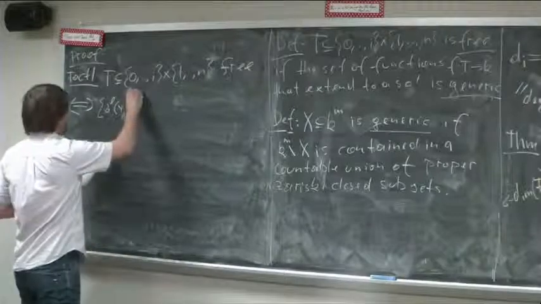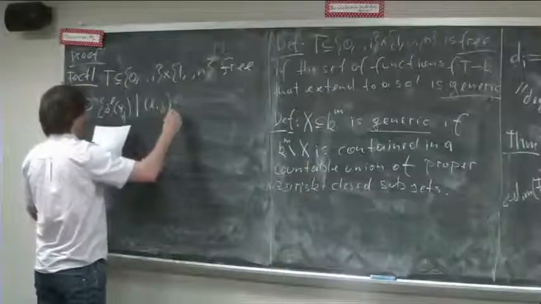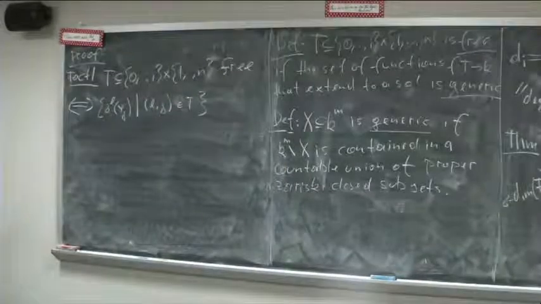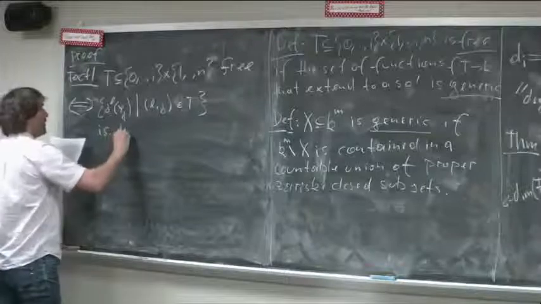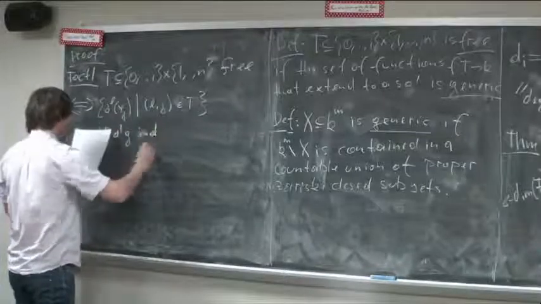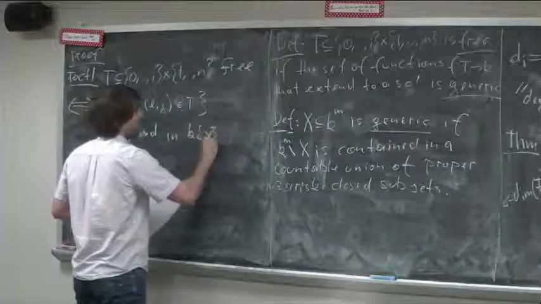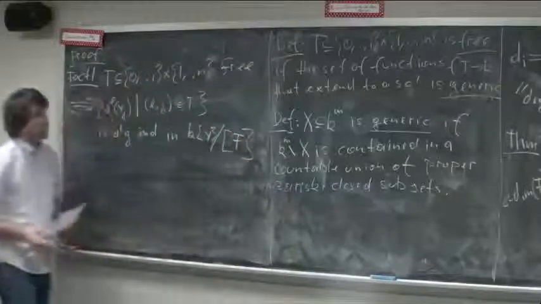So look at this set, the variables in T, and we look at this set inside the quotient ring. Now you take the quotient of the difference polynomial ring modulo f.